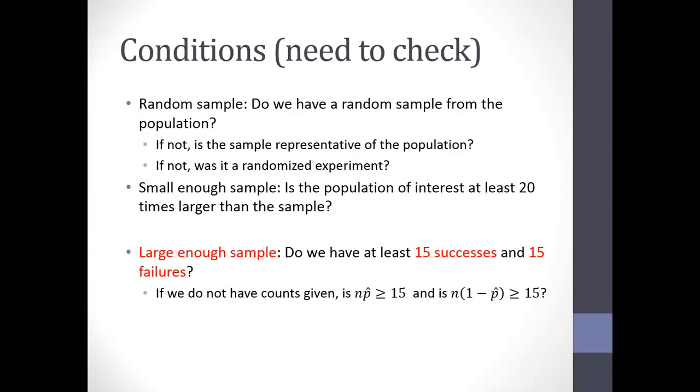And our large enough condition now is that we have at least 15 successes and at least 15 failures. What that means is we have to check that both of these things are true: that n times p hat is at least 15, so our number of successes is at least 15, and the number of failures, which is n times 1 minus p hat, is also at least 15.